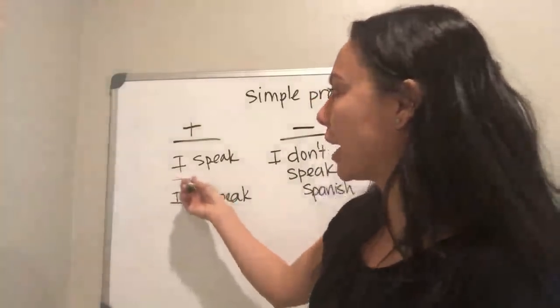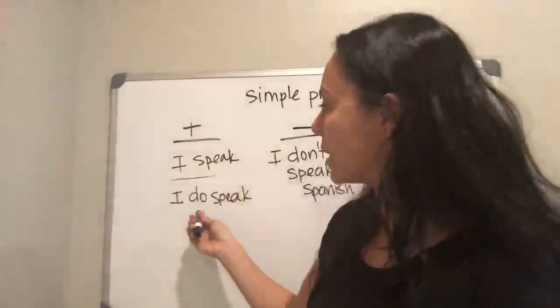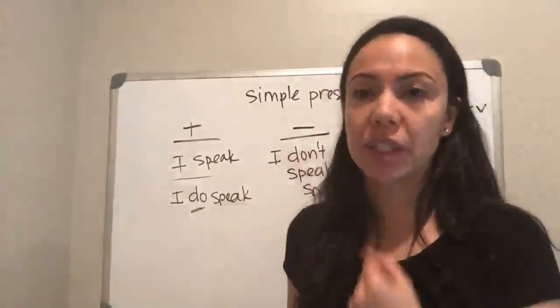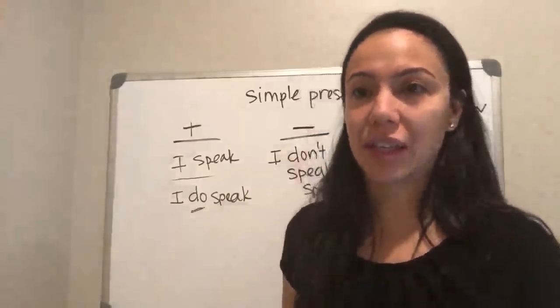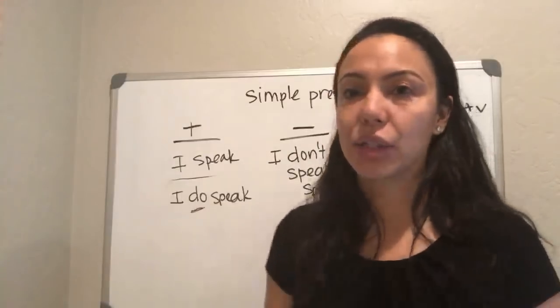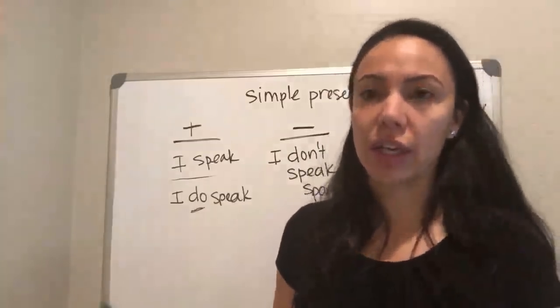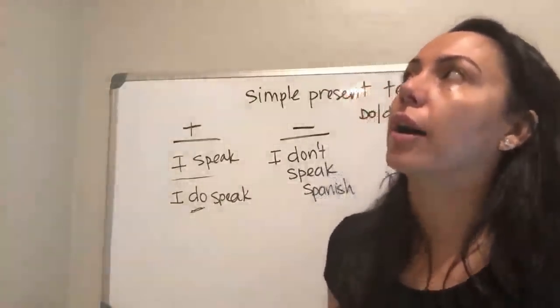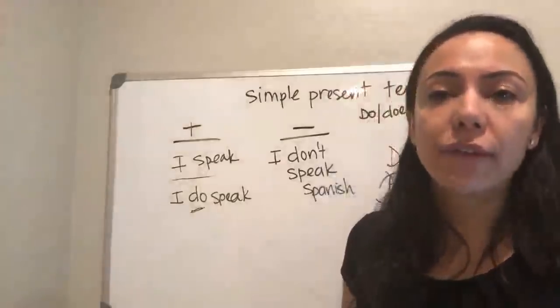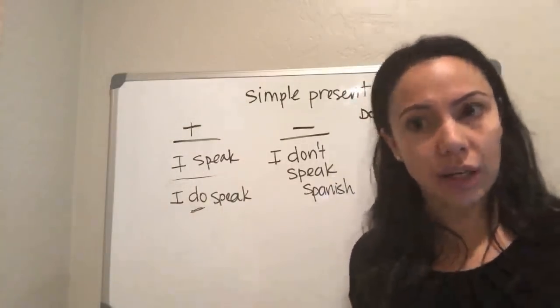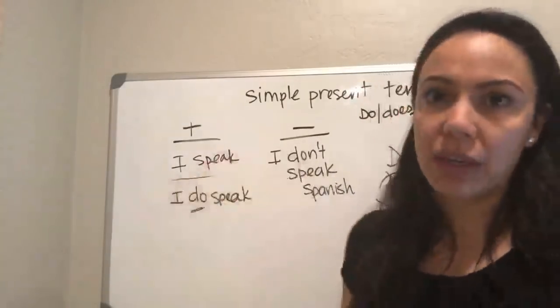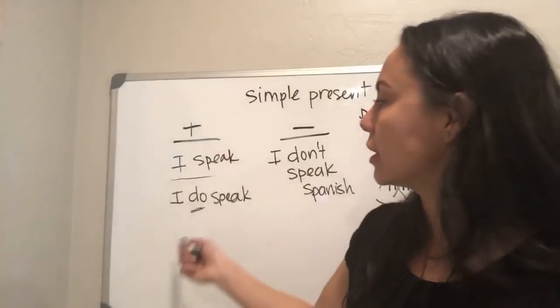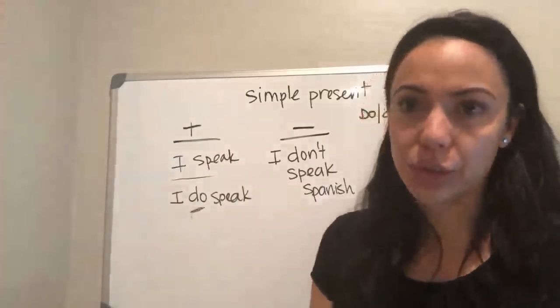Or you can simply say, "I speak Spanish," but this one adds emphasis. I do speak Spanish. I do write Spanish. I do understand Spanish. It just adds more emphasis. Also, you don't have to necessarily respond like "I speak" or "I am" or "I do." This one just adds a lot more to it.